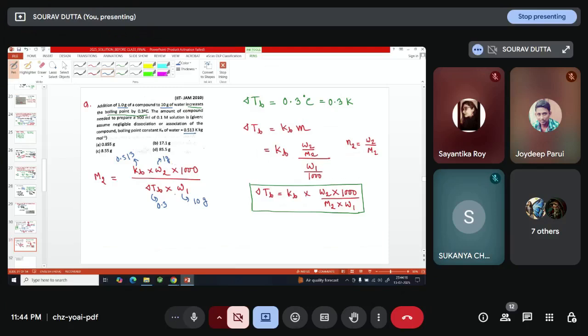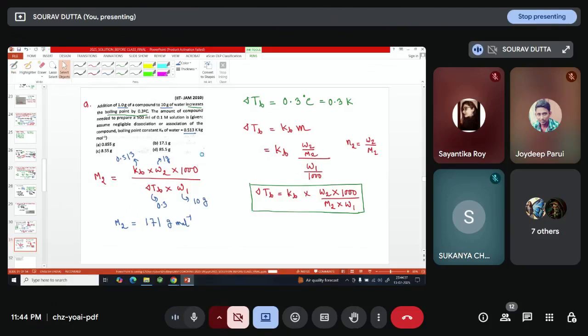So you will easily get the m2 value, 171 gram per mole. That is the molar mass of the solute.